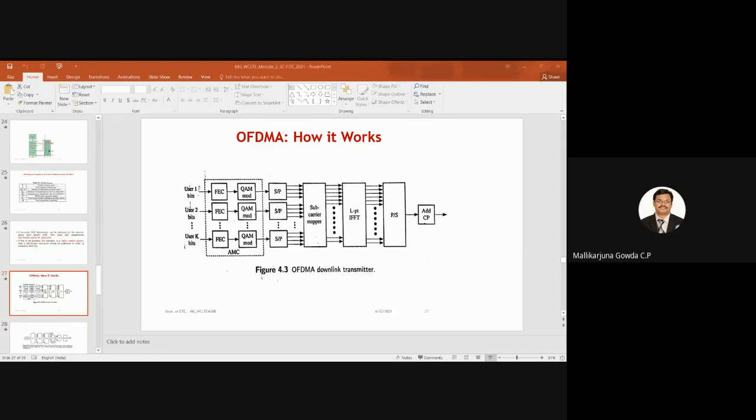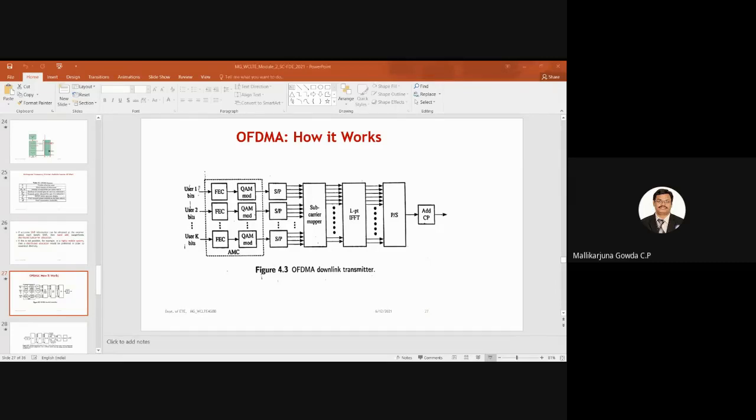That high data rate input signal will be converted into a low data rate by passing it through a serial to parallel converter. Here I have shown different users, and each user will have a high data rate that is given to the serial to parallel converter.